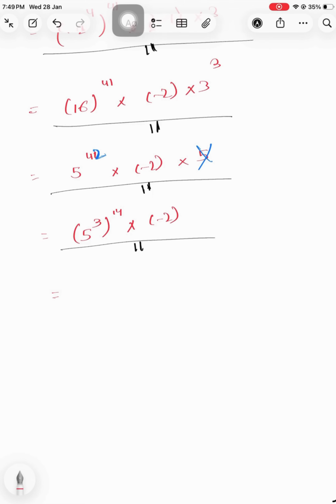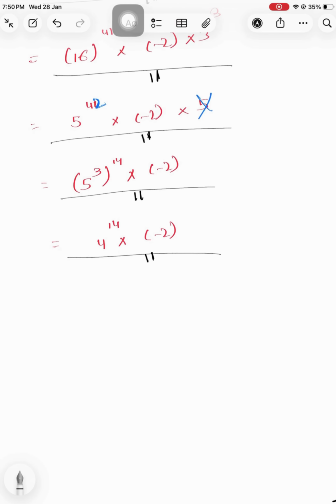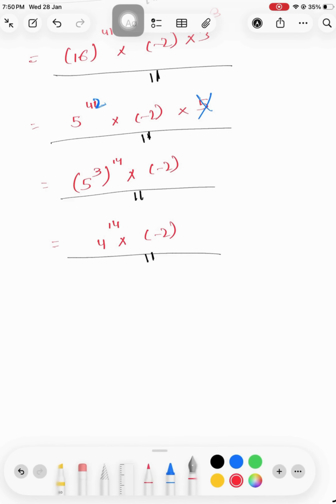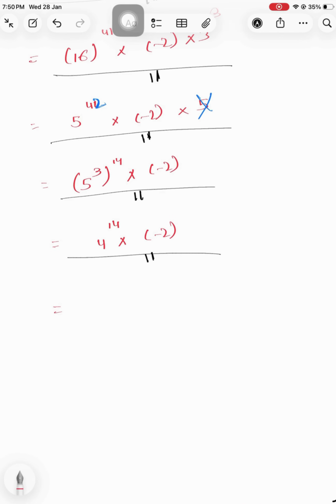Five cube is 125, which also yields 4 as the remainder. Then it becomes 4 raised to the power of 14 into -2 upon 11. It can also be written as 16 to the power 7, and 16 yields 5 as the remainder.